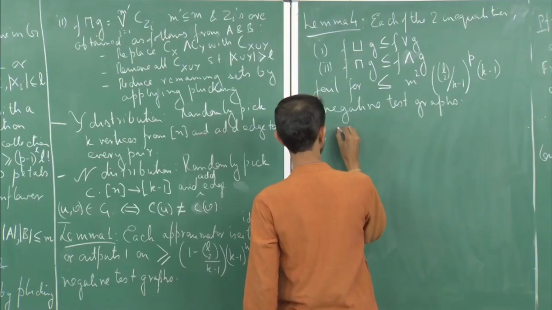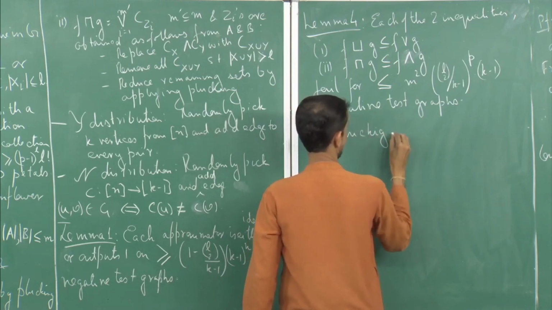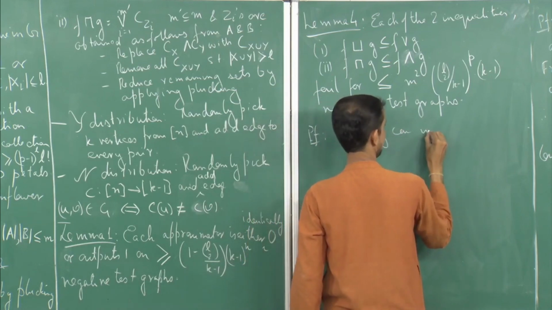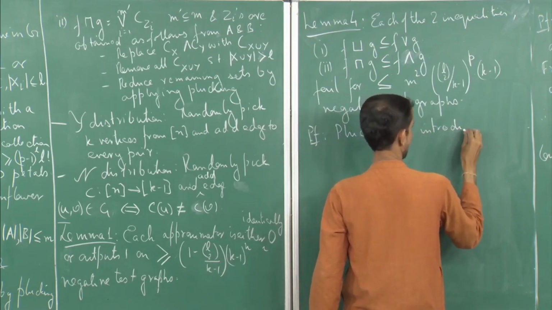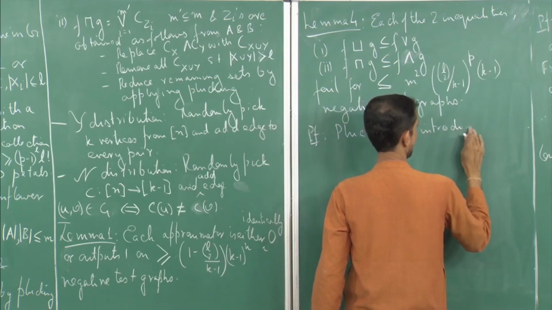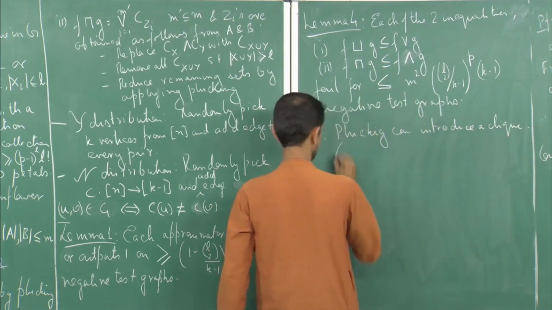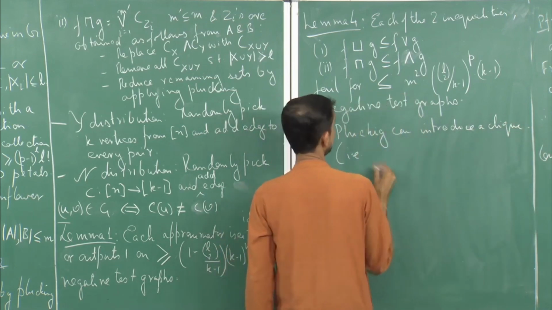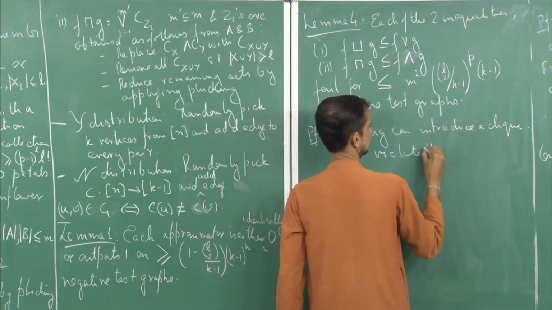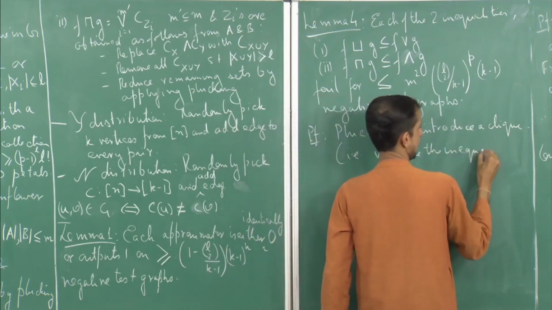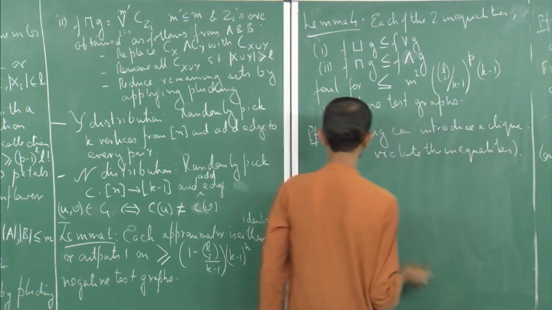Okay, the observations are: plucking can introduce a clique, that is, violate the inequalities.